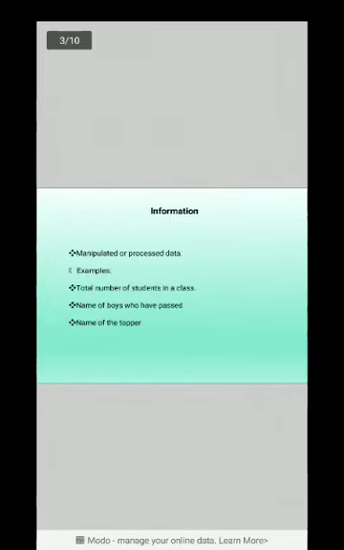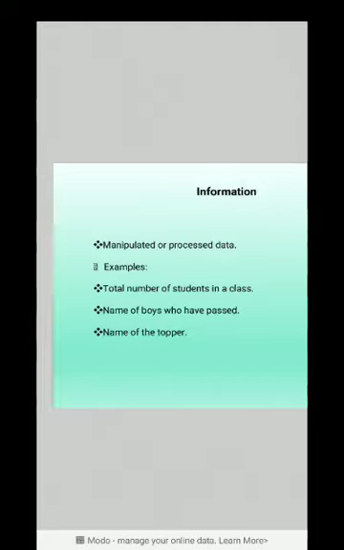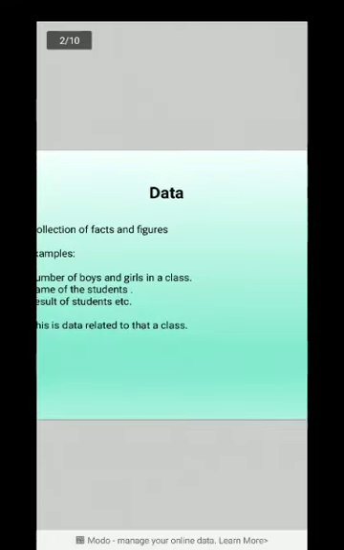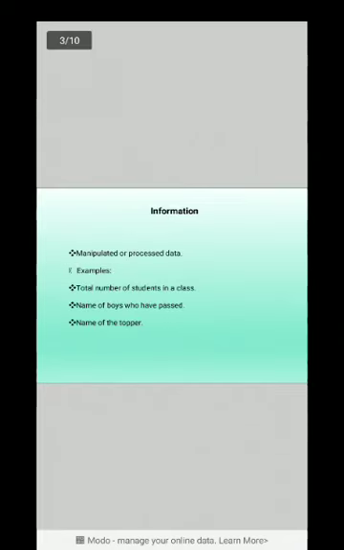Now comes information. Information is manipulated or processed data. An example is the total number of students in a class. To understand this, we need to understand the data first. We have the number of boys and girls in a class. If we add the number of boys and the number of girls, we get the total number of students in a class.